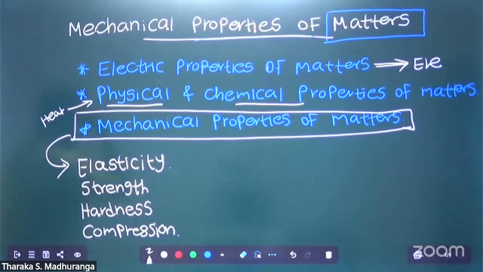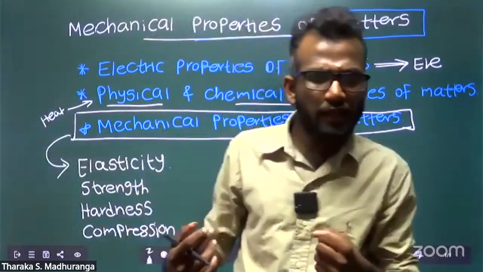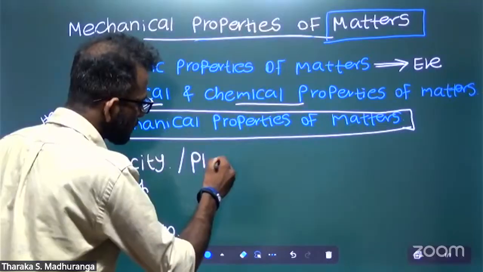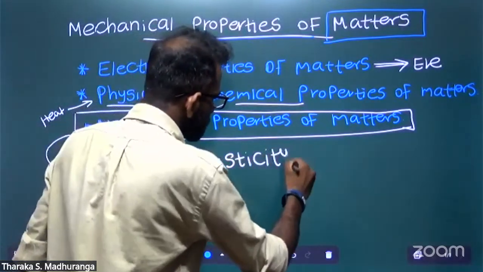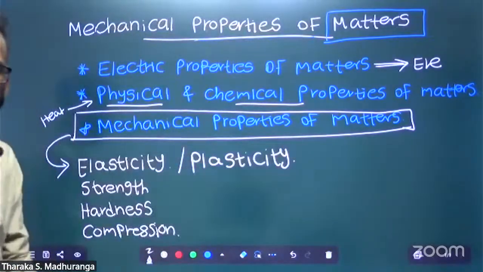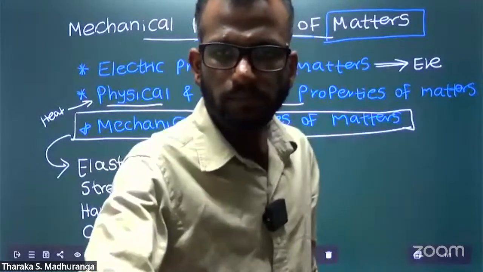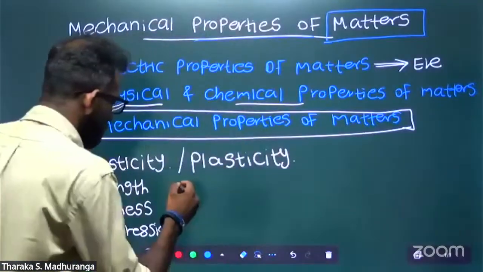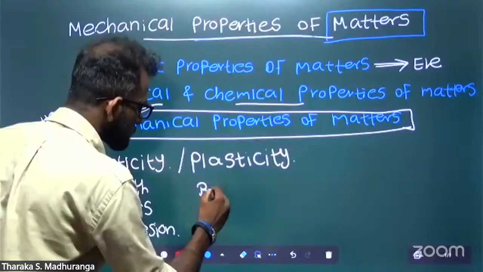Mechanical properties of matter, example. The opposite of elastic, that is plasticity. Elasticity and plasticity are also mechanical properties. Plasticity. What are the examples? Brittleness, very good. Brittleness.